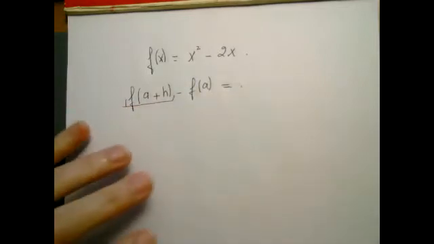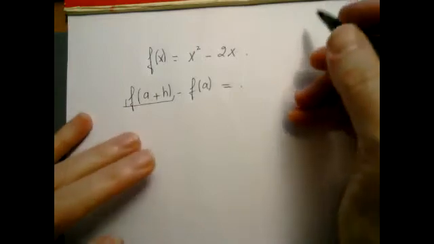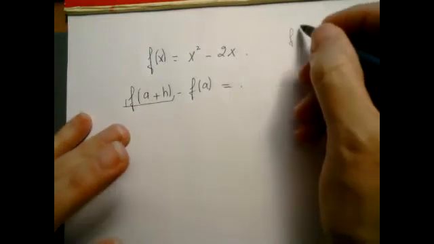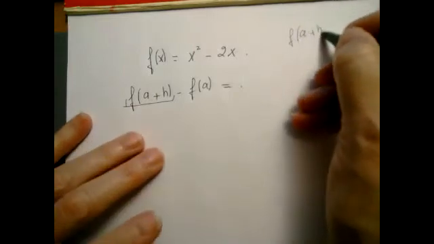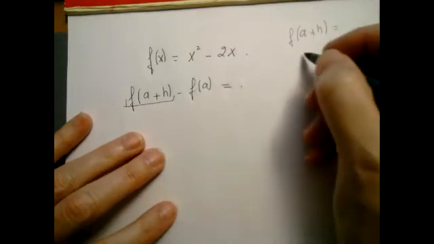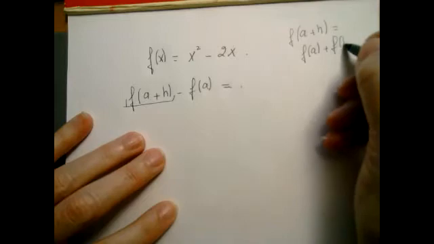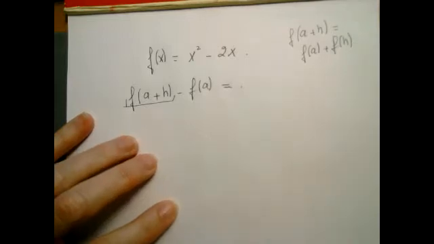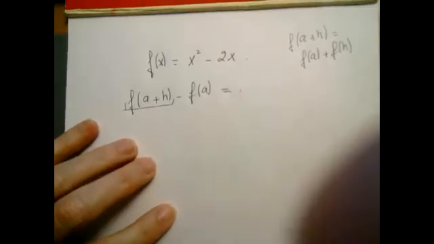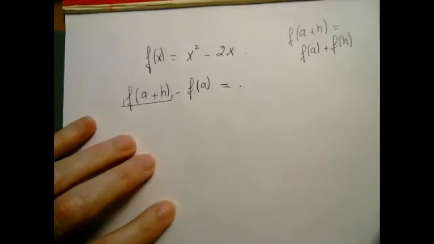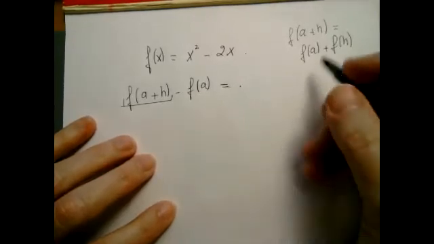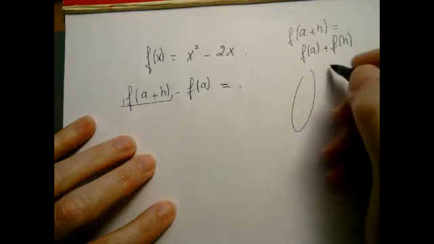A lot of students broke it up, like they took f of A plus h and split it, and this is absolutely not correct. Let us say you have the following function.